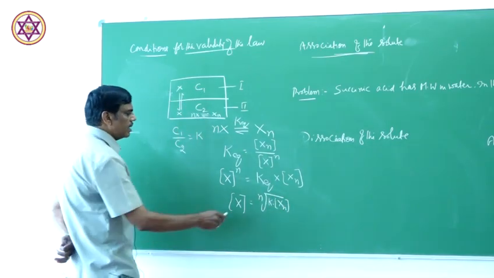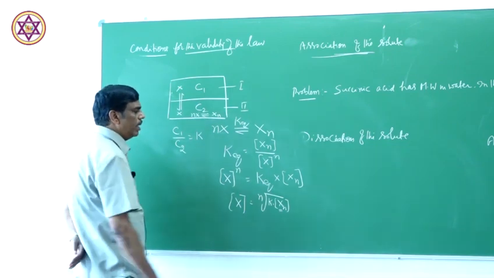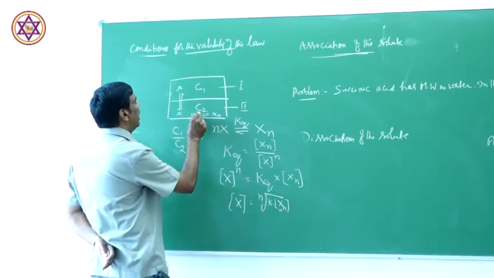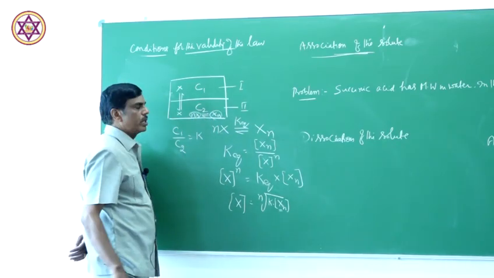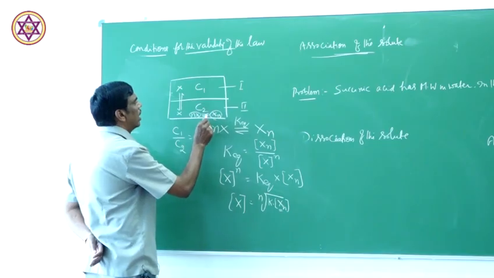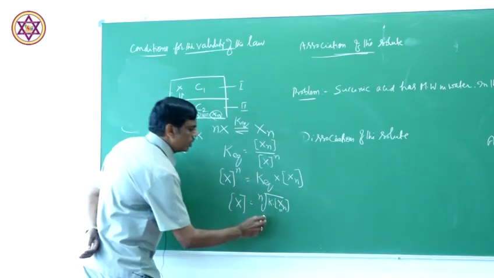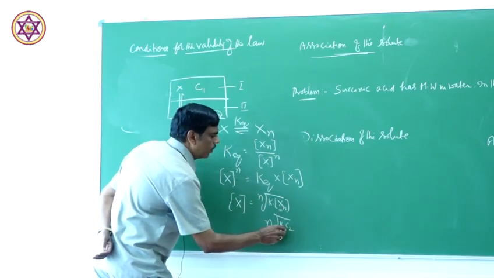This Xn concentration is nothing but C2, because here nX undergoes association to form Xn. So the concentration of Xn becomes C2. Therefore, the concentration of X becomes the nth root of K into C2, where K is a constant.